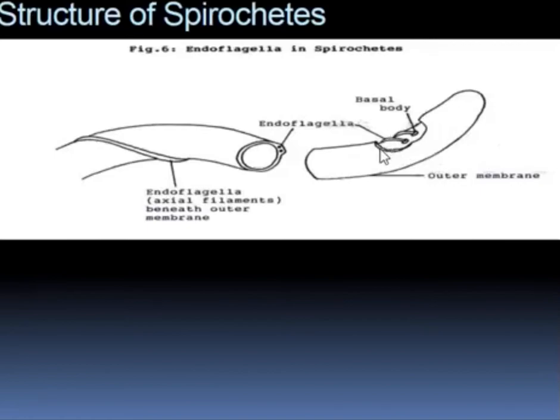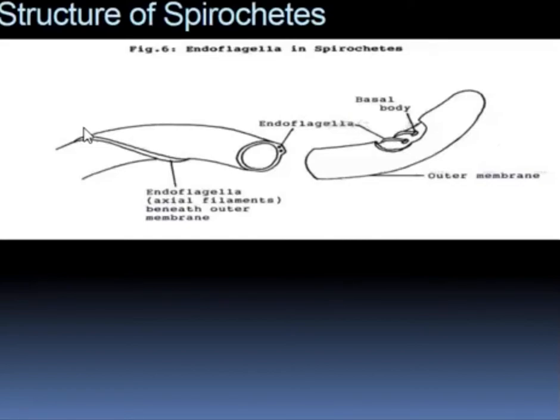If we remove now the periplast or the outer covering of the spirochete organism, we see that the endoflagella is actually wrapping the entire body or the entire cell wall of the spirochete organism. When I say wrapping, it's intertwined in the entire body of the spirochete organism.